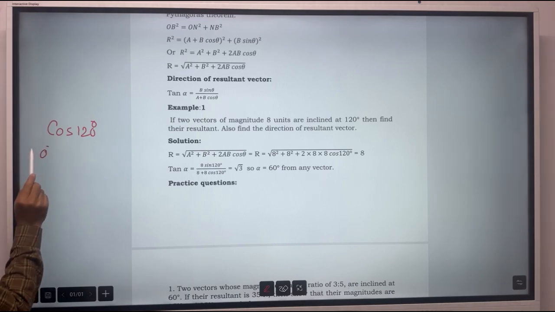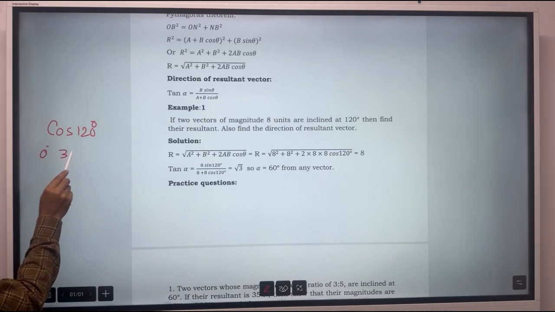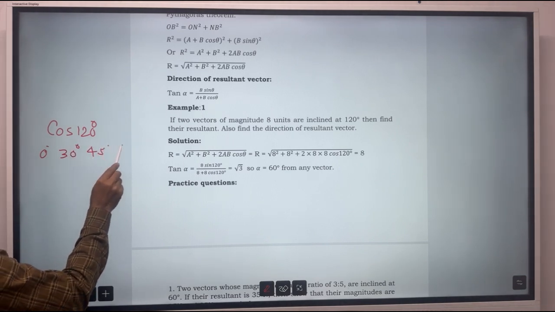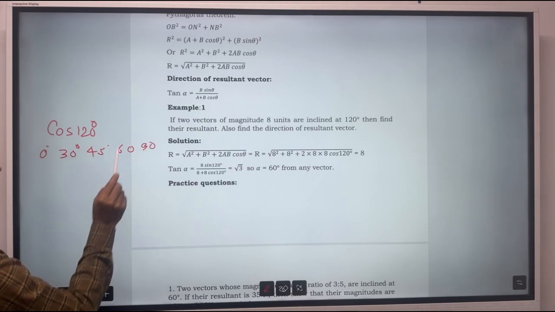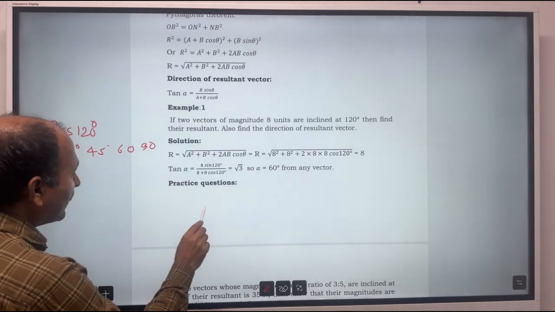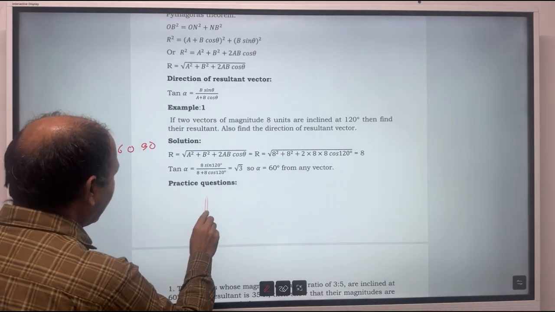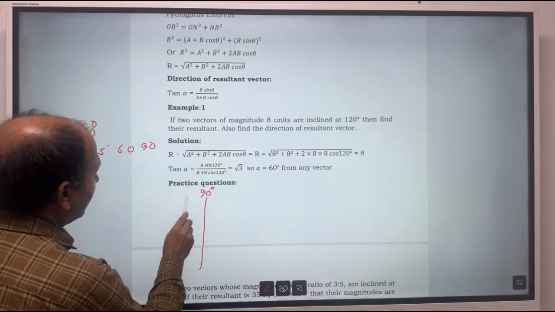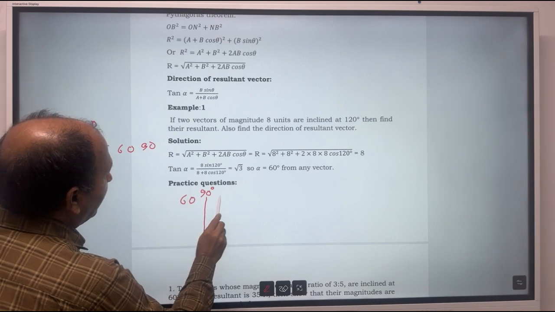When we learned 0 degree, 30 degrees, 45 degrees, 60 degrees, then 90 degrees, beyond that you have not studied. So for going beyond that, I'm writing here so that it becomes clear. Suppose 90 degrees is the line of symmetry. So here 60 degrees, there is a gap of 30 degrees.